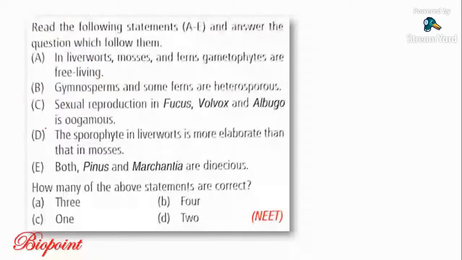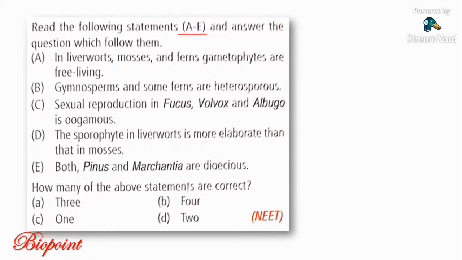Question number 10 on your screens right now. Four statements are given here, and you are asked to give out how many of the following sentences are correct. In liverworts, mosses and ferns, gametophytes are free living.